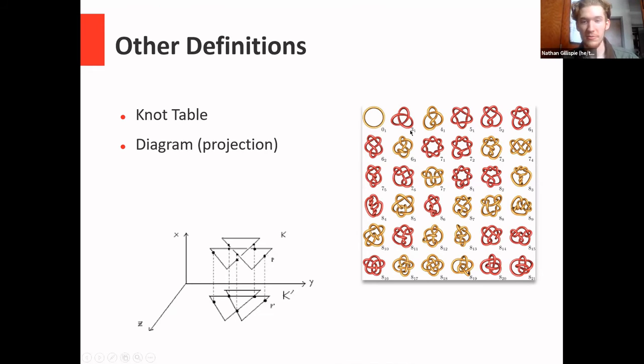So since this is the first one of its kind, we call this 3_1. And then we do this for all the knots. So so far we have tables up to maybe 15 crossings.